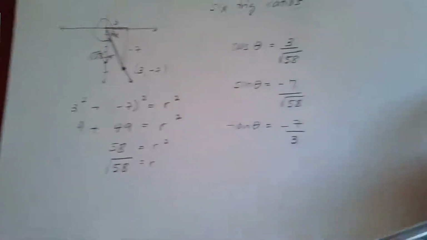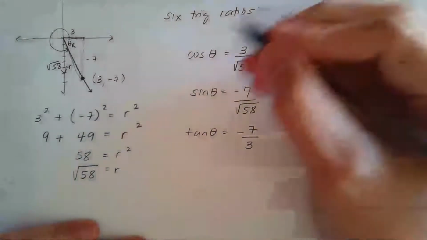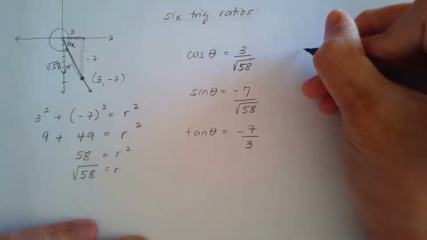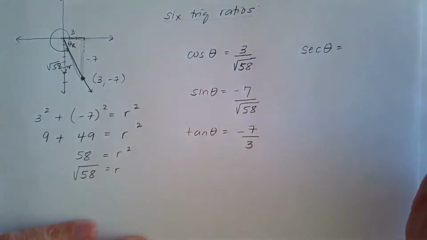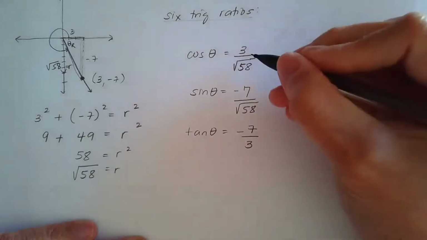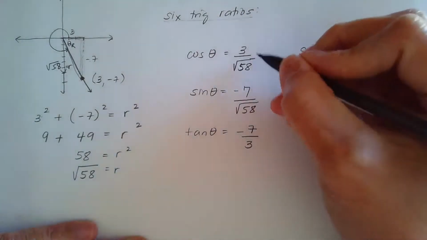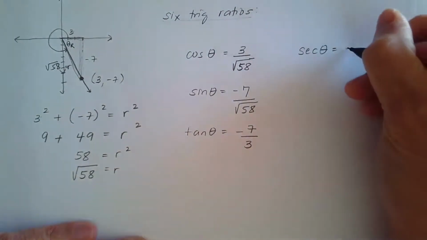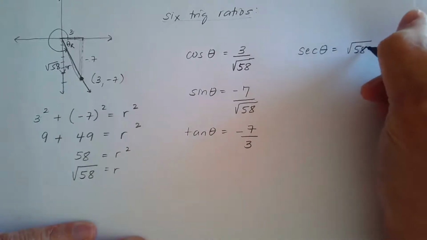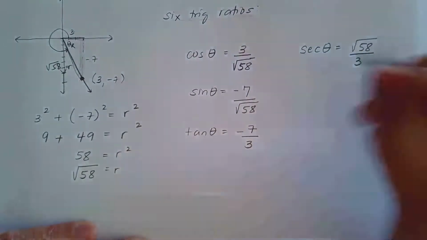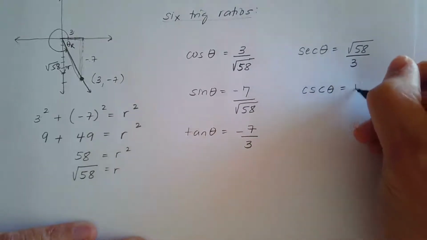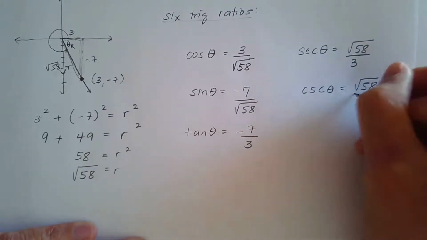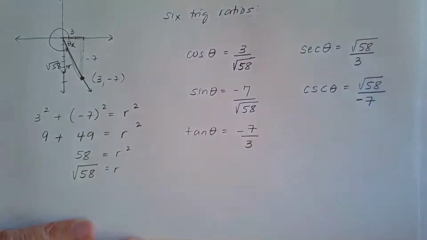Now we're going to do the reciprocals. The reciprocal of cosine is secant theta. So if we want secant theta, we want the reciprocal of cosine. So it's going to be root of 58 over 3. Cosecant theta is equal to the square root of 58 over negative 7.